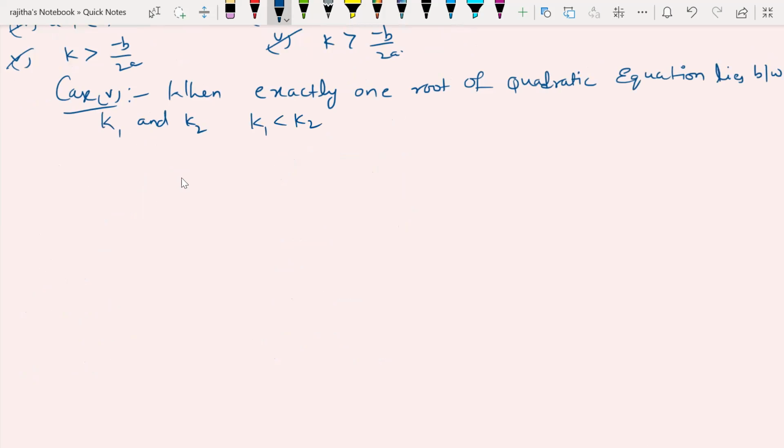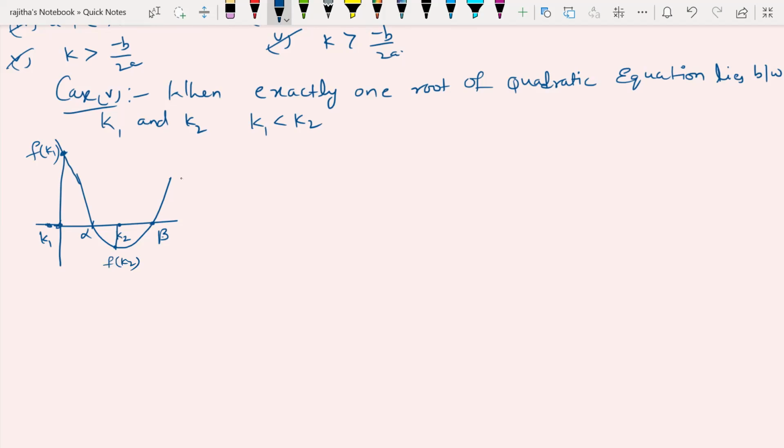In this case, the graph: here are alpha and beta, here is k1, and here is f of k1. Exactly one root of the quadratic equation lies between k1 and k2. Here is k2, and this point is f of k2.